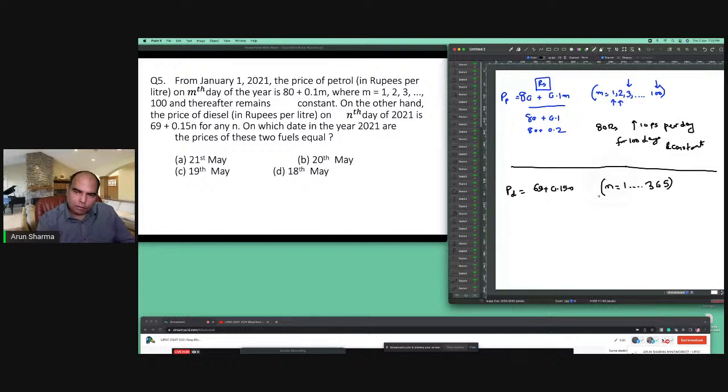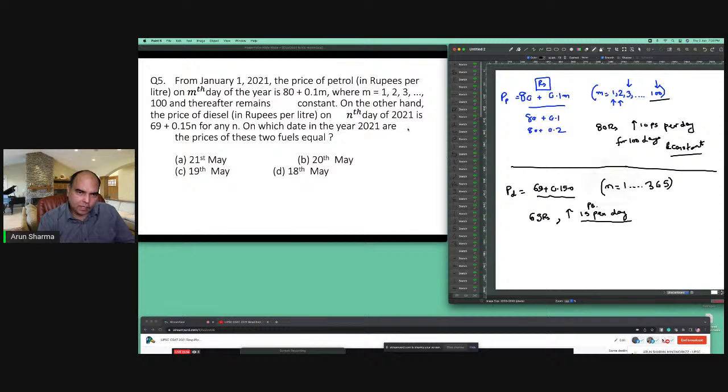So what this statement means essentially is that the price of diesel is 69 rupees, the base price is 69 rupees, and it increments by 15 paise per day. The other difference is that the price of petrol is incrementing every day only for 100 days. After that, it remains constant. The price of diesel is incrementing by 15 paise per day, and it does not stop; it continues incrementing the whole year.